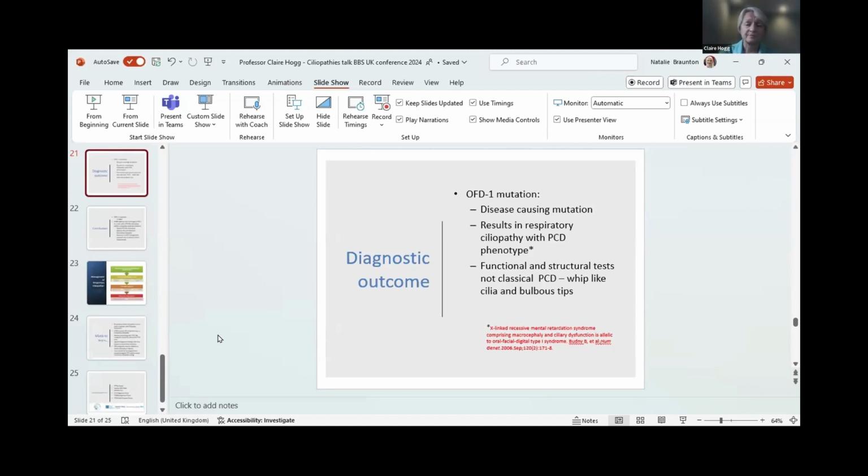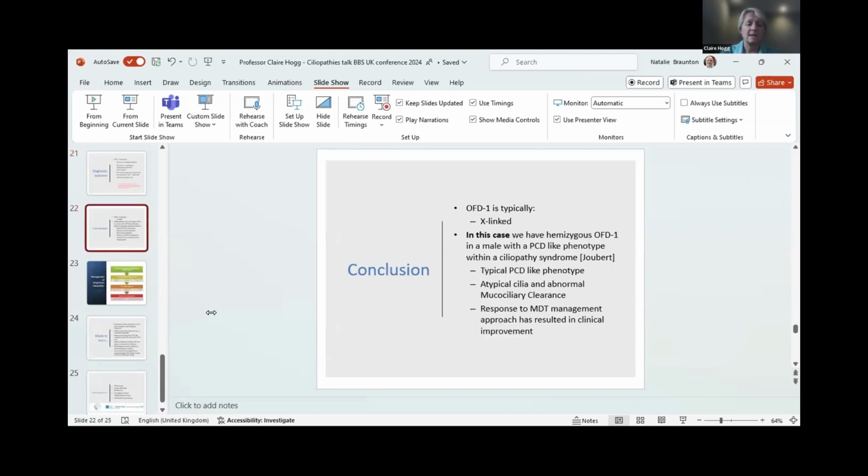One of the interesting things about these cases, next slide, sorry, is that when we see some of these respiratory ciliopathies in combination with a syndromic ciliopathy, sometimes the syndromic features are ameliorated, if you like.